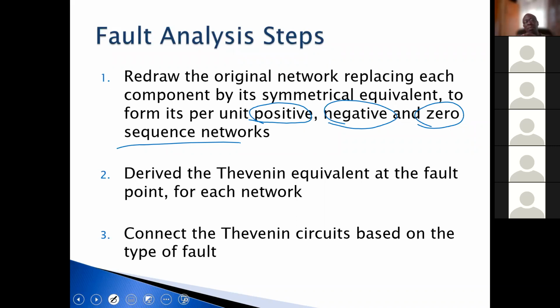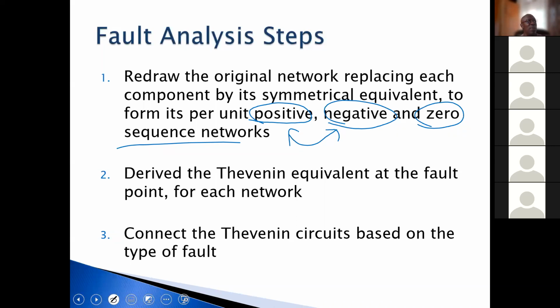But, generally speaking, your positive and negative sequence networks would look the same. The only difference is that for the positive sequence, you will have the source for your generator. But in terms of the reactances, they would look the same.